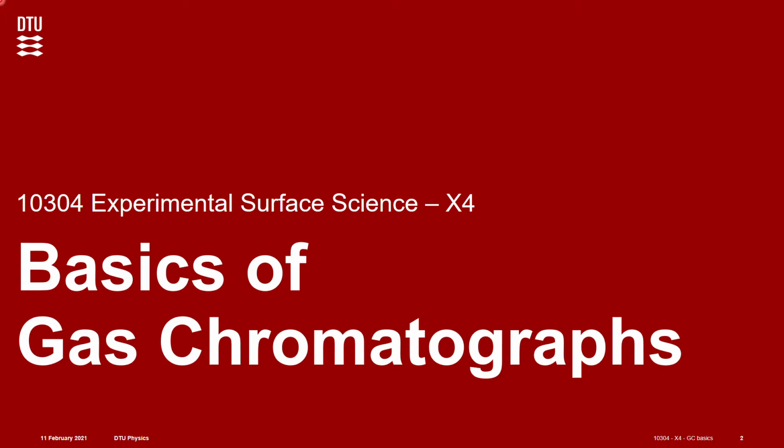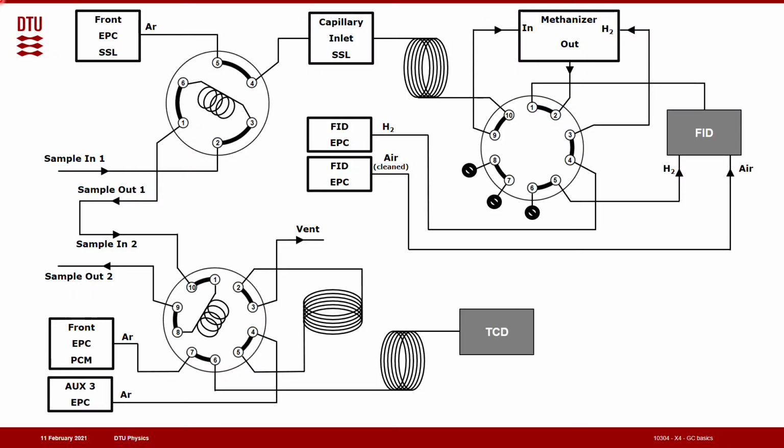But let's first have a look at the sketch of a gas chromatograph. Gas chromatographs can look in many different ways depending on the specific use, but this is a schematic of the one that we are using in our lab. First I will go through the different parts of it.